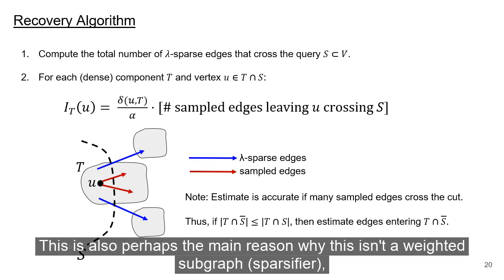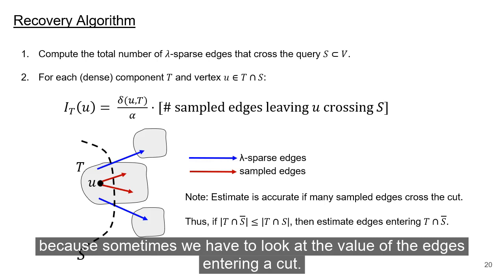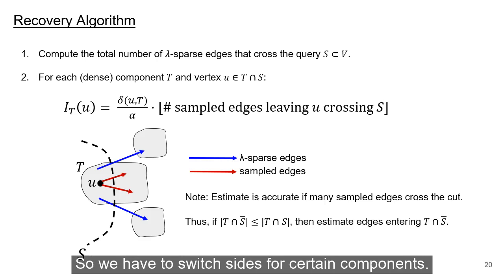This is also perhaps the main reason why this isn't a weighted subgraph, in the sense that we cannot simply look at the value of a cut in a subgraph, because sometimes we have to look at the value of the edges entering a cut, so we'd have to switch sides for certain components.